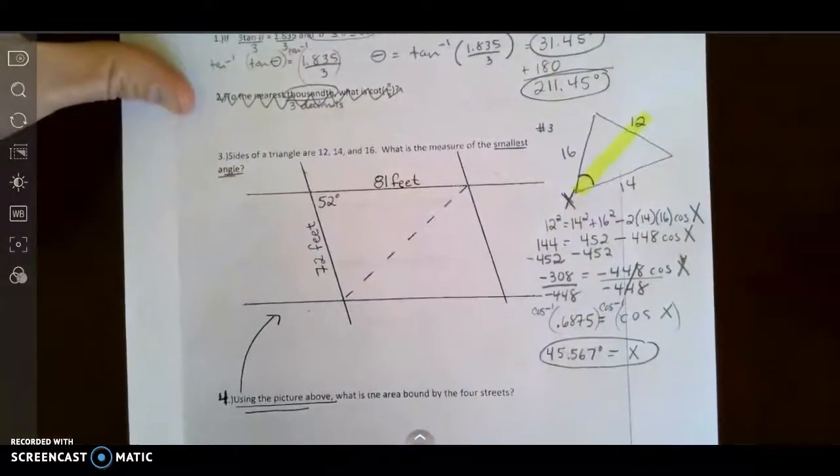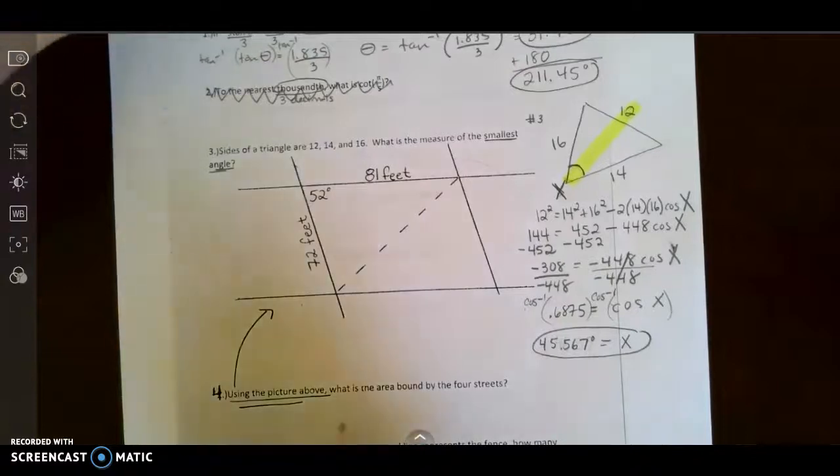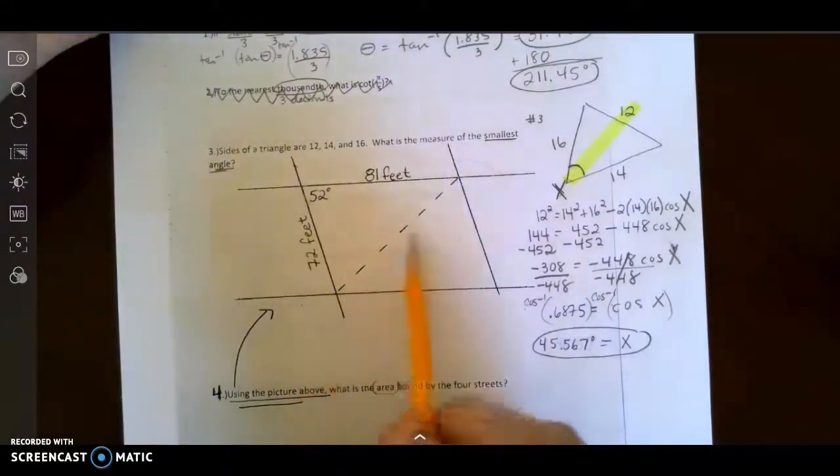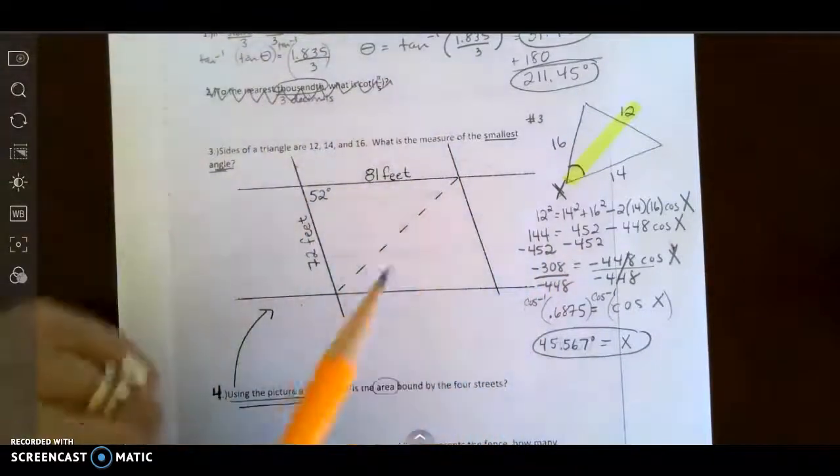Okay, let's go to number 4. It says, using the picture above, what is the area bound by the 4 streets? Okay. Area, well, let's see. If I could find the area of this triangle, these two would be the same. I could double it. So let's see if we can find the area of this triangle.